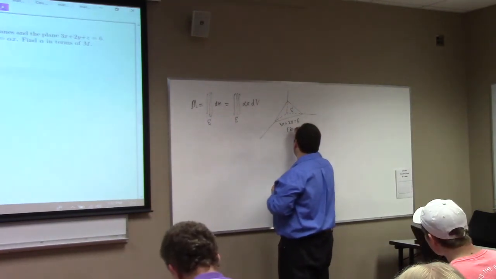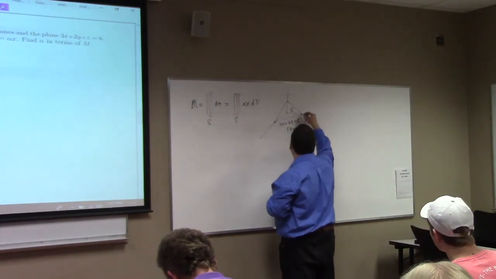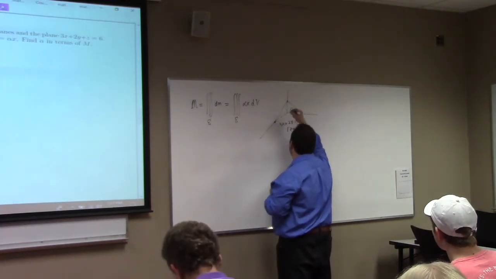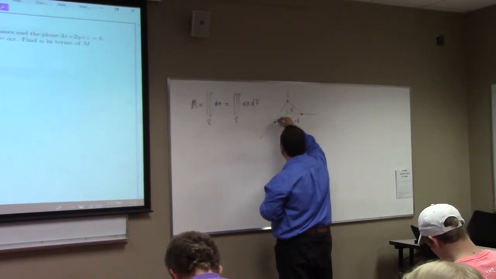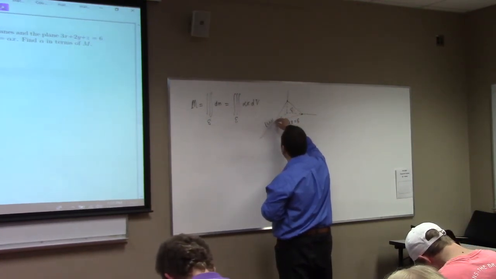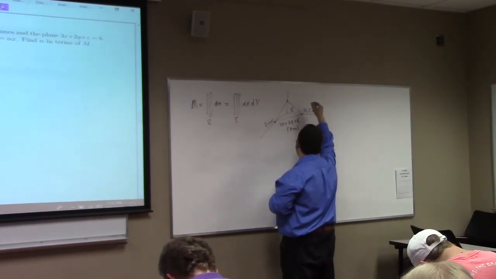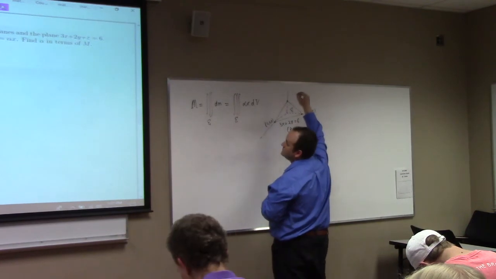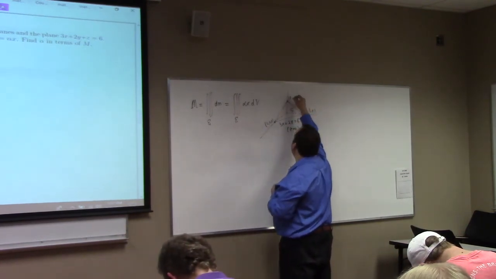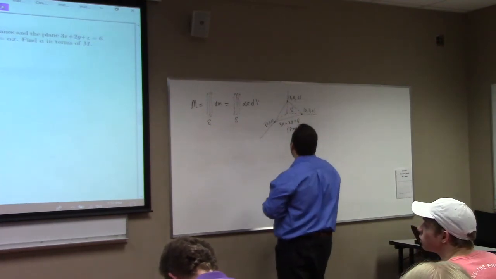This is where z is equal to 0, right? Can you give me these corner points? 2, 0, 0, right? How about this one over here? 0, 3, 0, yeah? What's the top point? 0, 0, 6, yeah. Okay.